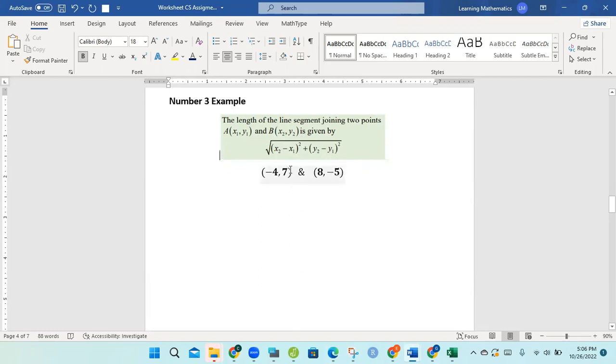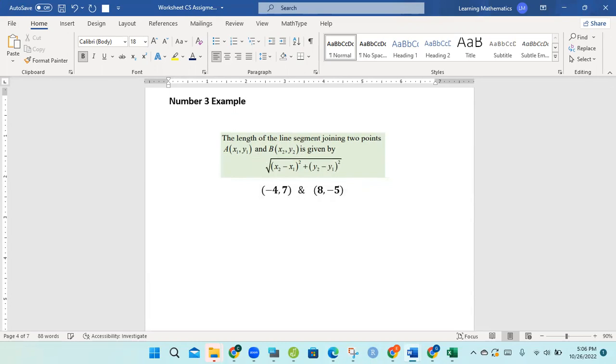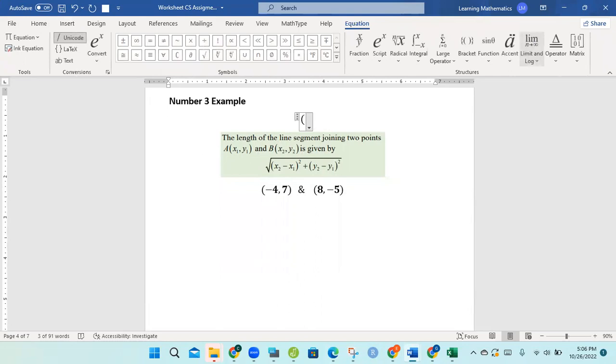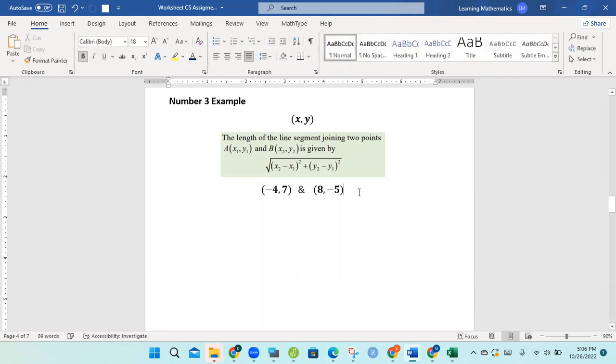So we have to label the points so we can properly substitute into the formula. We know for sure that a point consists of two coordinates, the x coming first and the y coming after, x comma y. So therefore now, we can label this point, point number 1, and this point can be called point number 2.